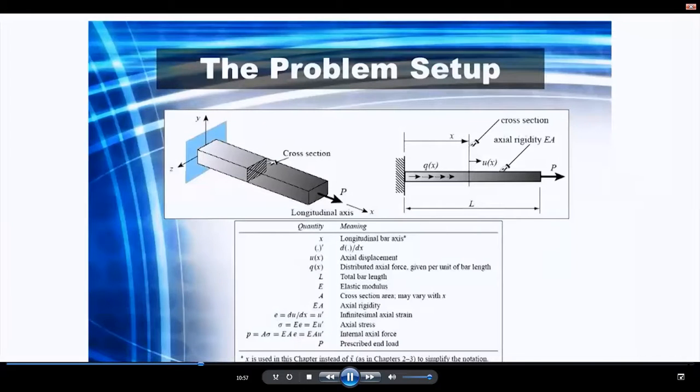The member is loaded by a distributed load Q and a point end load P. All the parameters shown in the picture are givens except for the actual strain, which is the unknown. The principle of virtual work will be applied for the solution of the problem. Let us start by defining the internal strain energy of the member.